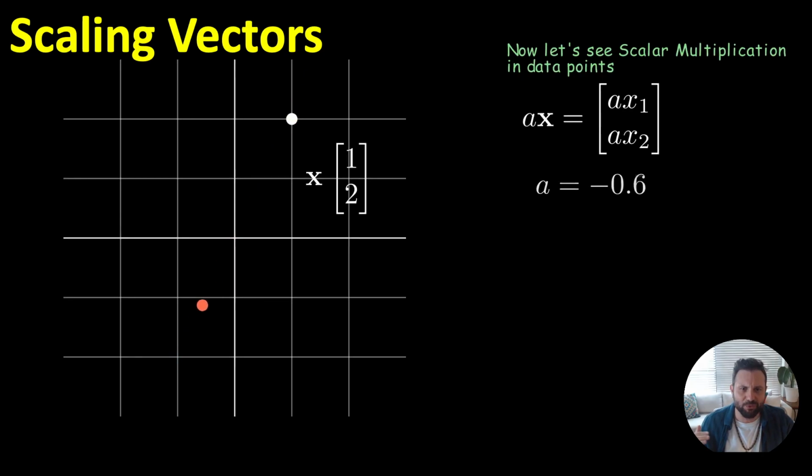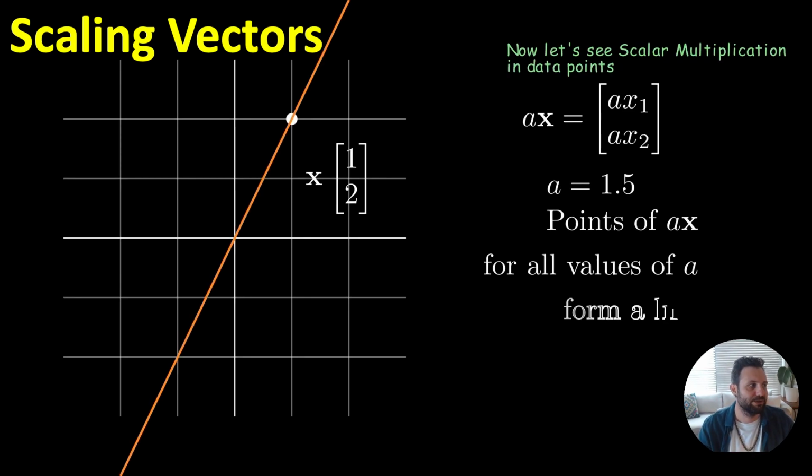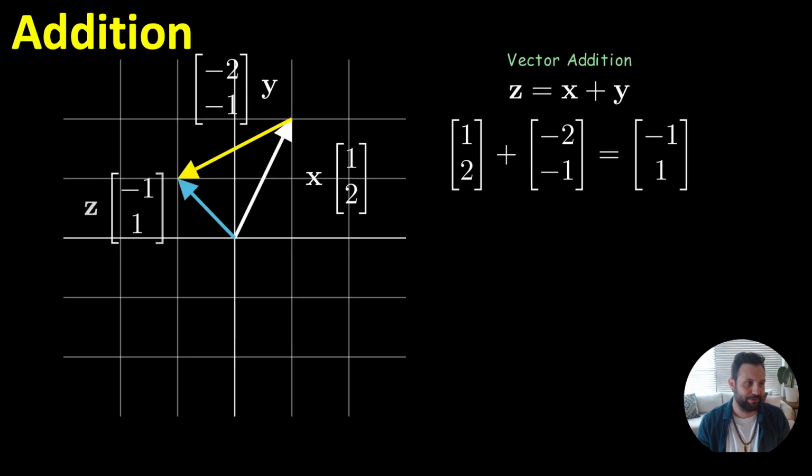A times x is a bunch of data points in the direction that x points to. So keep this in mind, because the points of ax, for all values of a, actually form a line, right? So the line, this word is the word that gives its name to our class, linear algebra.